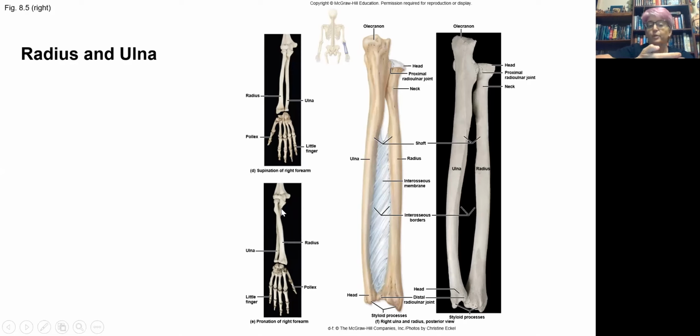The ulna doesn't twist. The ulna has that big olecranon and notch that goes around the trochlea. So it is only a hinge. It just hinges this way. So when you twist, you're twisting the radius across the ulna. There. Okay, and you can see they cross right there.